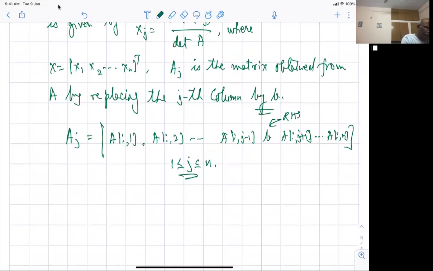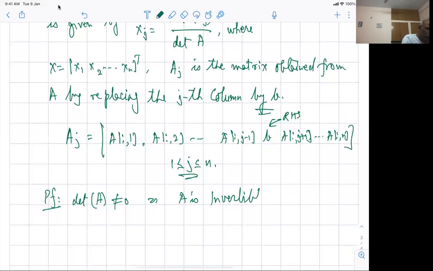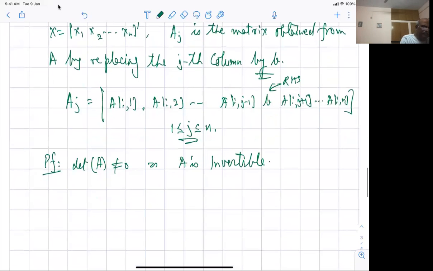But the idea of the proof will be, if I want to look at the proof, what I know is that determinant of A not equal to 0 implies A is invertible. Fine. Now A is invertible will imply that there exists a matrix P so that P times A is identity. Fine. So that's what I'm going to use.